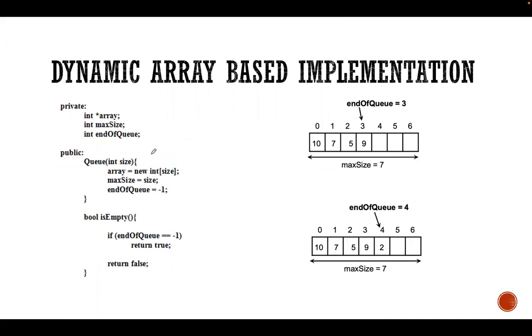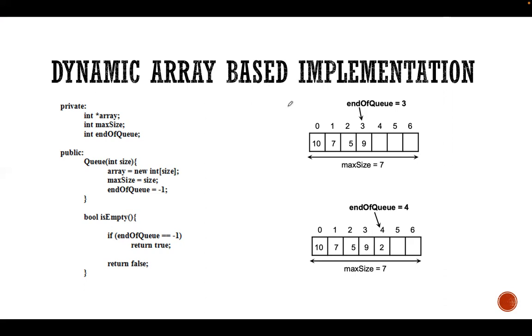All right. By array-based, we mean we're not going to use a static array, because a static array has the disadvantage that we always have to mention the size of the array during compile time. So that's why we're going to use the dynamic array. The dynamic array means during runtime, we can decide what will be the size of the array.